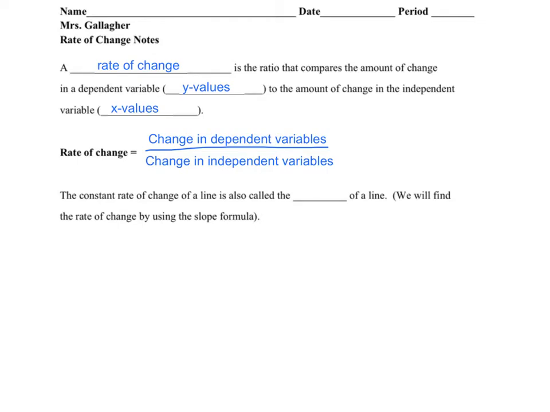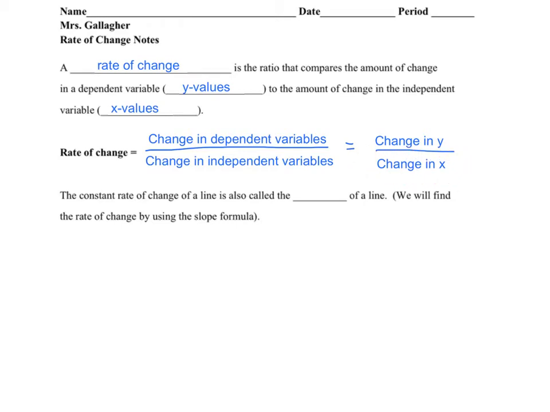And what exactly does that mean? That means your change in y over your change in x. Your rate of change is your change in dependent variables, the change in y, over your change in independent variables, the change in x.